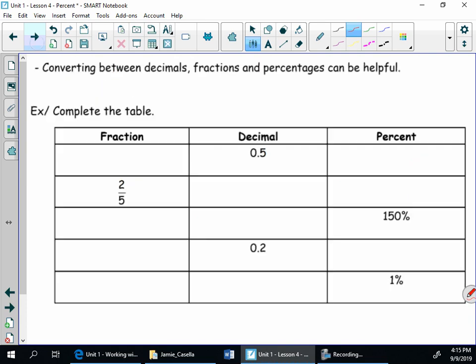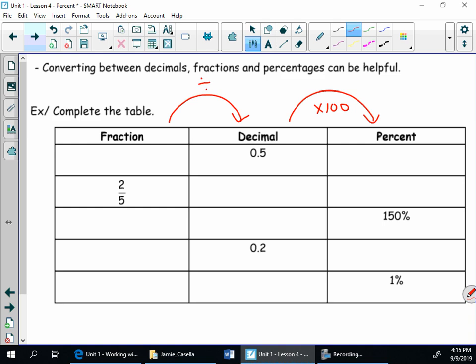See, often we use fractions and decimals and percents interchangeably. So it can be helpful to be able to convert from one to the other and back and forth again. To do that, we'll look at this table. To turn a fraction into a decimal, all we do is what we were doing before, we divide top by bottom. To turn a decimal, a portion, a rate, a unit rate, into a percent, we multiply by 100.